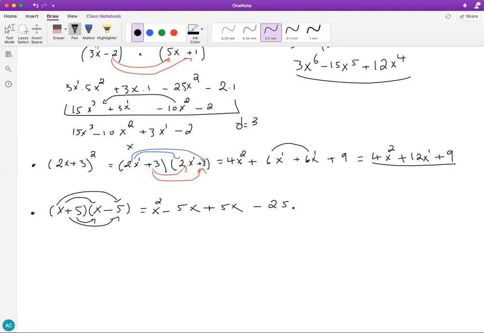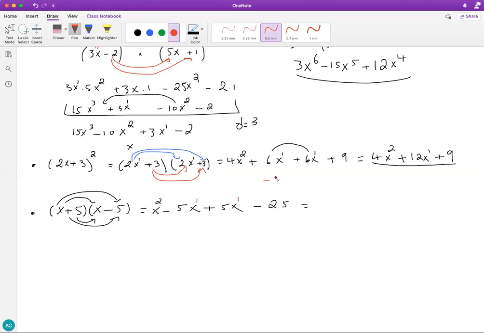Okay, now that we did that, can we simplify this a little more? Yes. How? Combine -5x and plus 5x. These will cancel out. They're like terms because they both have x to the power 1. When we combine the coefficients, we have -5 and 5, opposite.